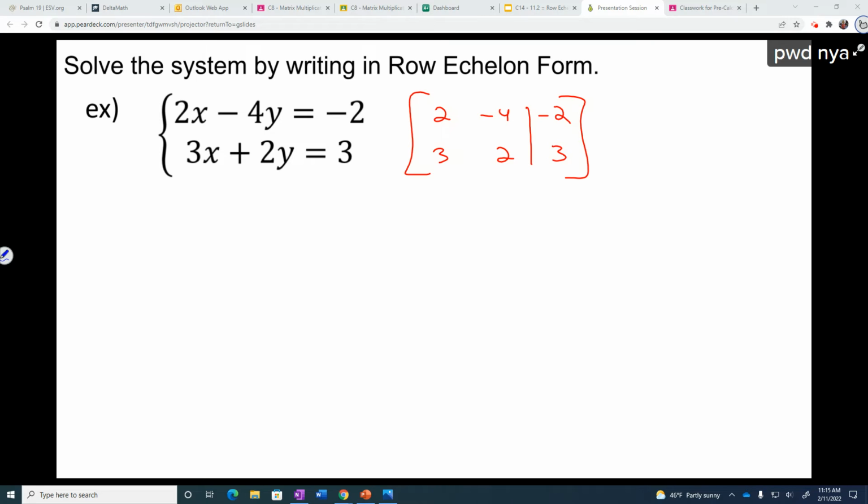Now we don't have a 1 there this time, so we got to start with that. Anytime you want to turn something to a 1, though, you're just going to multiply by the reciprocal. So what are we going to multiply row 1 by? Yeah, good. So we're going to say R1 equals a half R1.